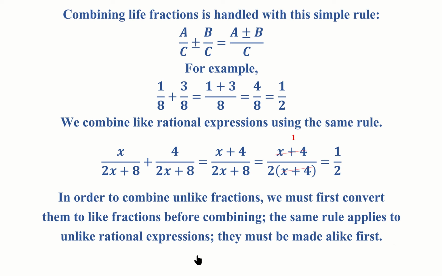Whatever basically worked for regular fractions with numbers in them from our past will work now with these more sophisticated rational expressions, which are just fractions as well, but they happen to have variable expressions in them. And of course, in the case of rational expressions, those variable expressions are very well behaved. Both the numerator and the denominator are polynomials.